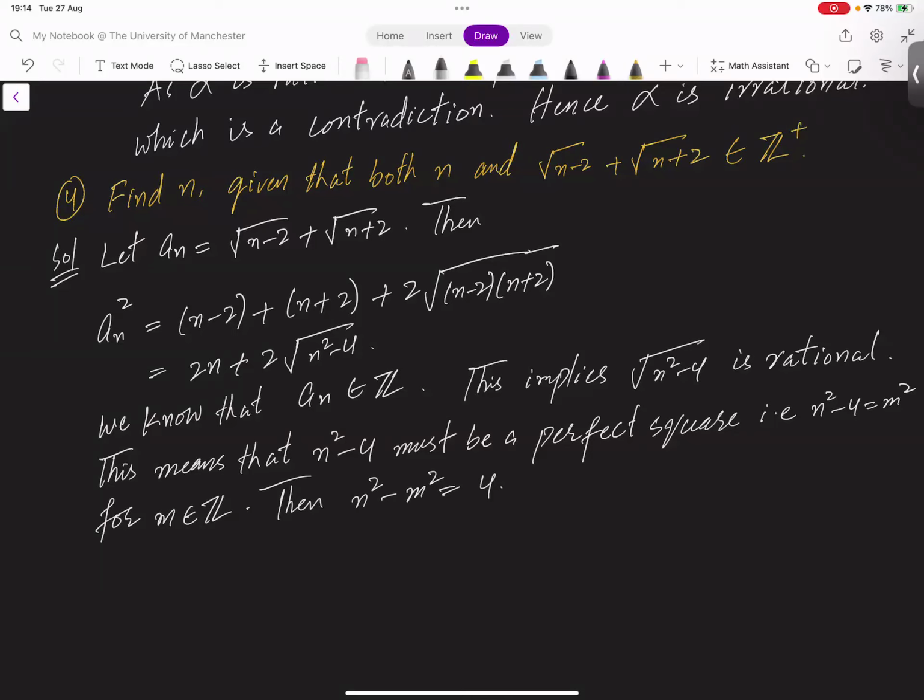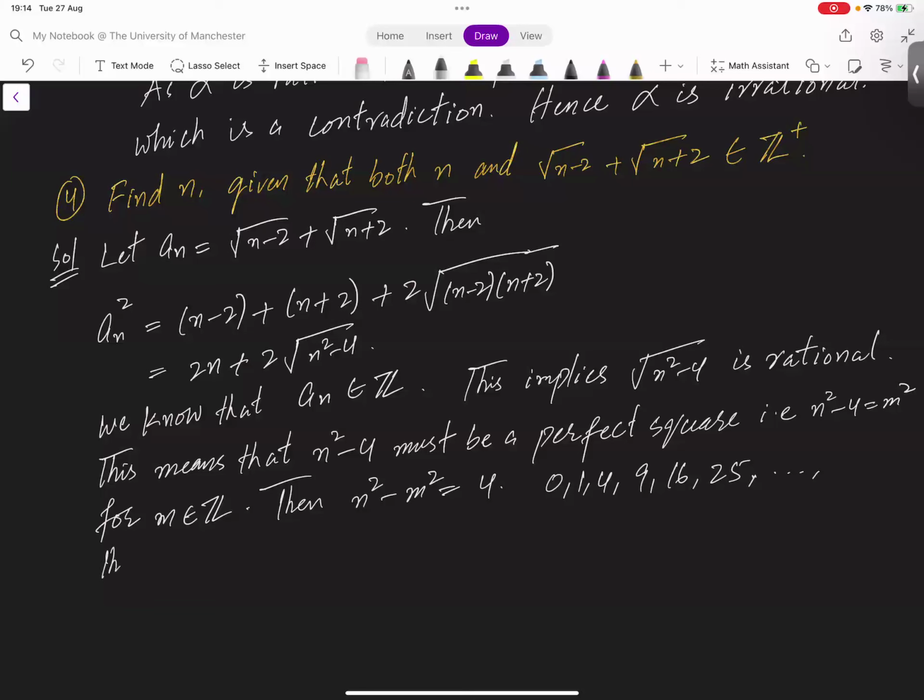And starting a list of squares: the squares are 0, 1, 4, 9, 16, 25. We see that the only way two squares can differ by 4 is to have n square is 4, m square is 0.